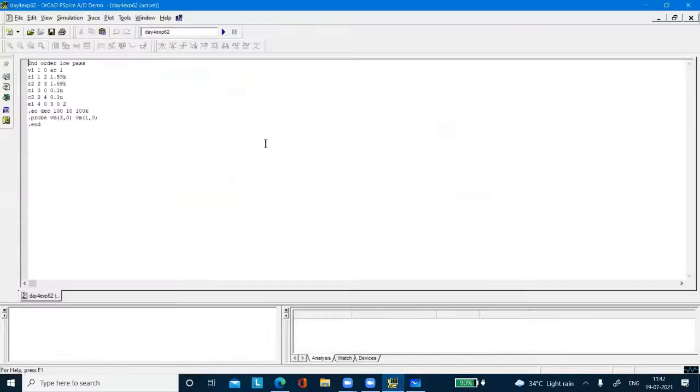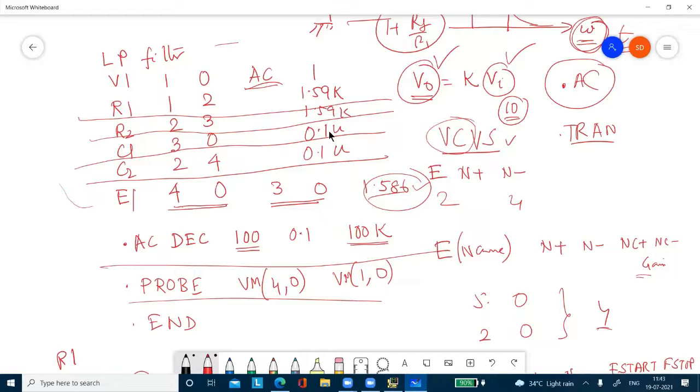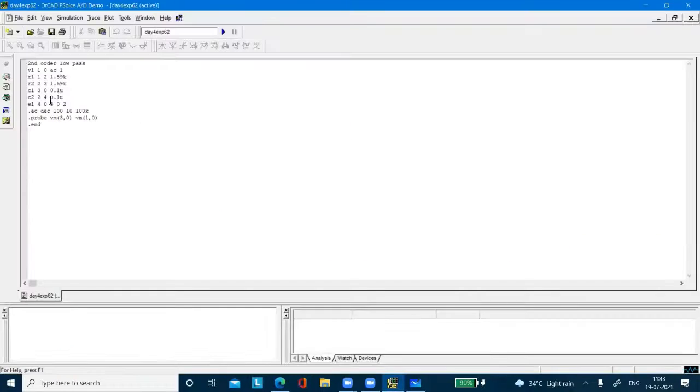Look here. V1 10 AC 1 volt, R1 12 1.59K, R2 23 1.59K, C1 30 0.1 U, and C2 24 0.1 U. Then the passband gain here I will consider 2.